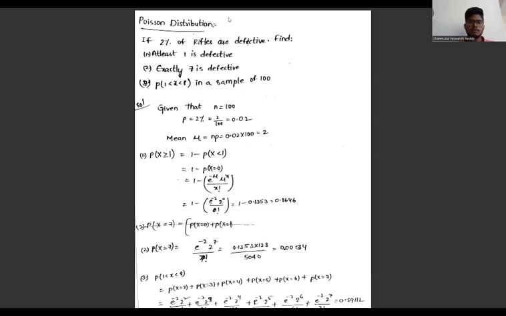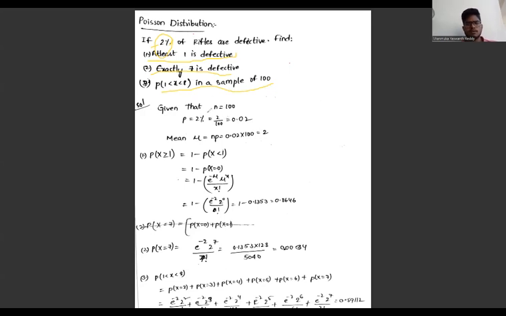Here we're going to calculate the Poisson distribution for a problem on rifles, in which 2% are defective. We have to calculate the probability for at least one defective and exactly 7 defective in a sample of 100.